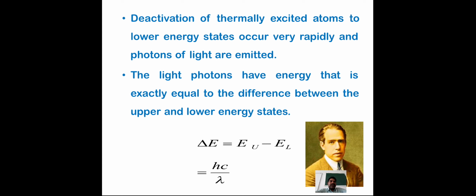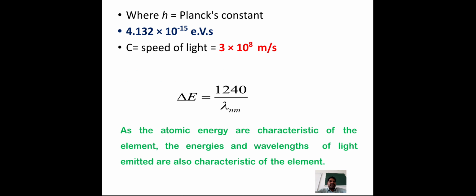Therefore delta E equals hc by lambda, where h is Planck's constant, 4.132 times 10 power minus 15 electron volt seconds, and the speed of light is 3 times 10 power 8 meters per second.